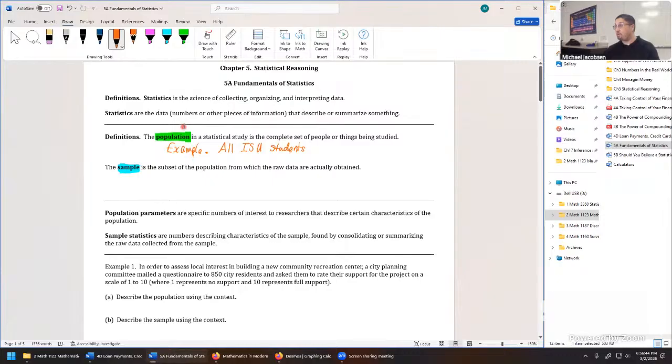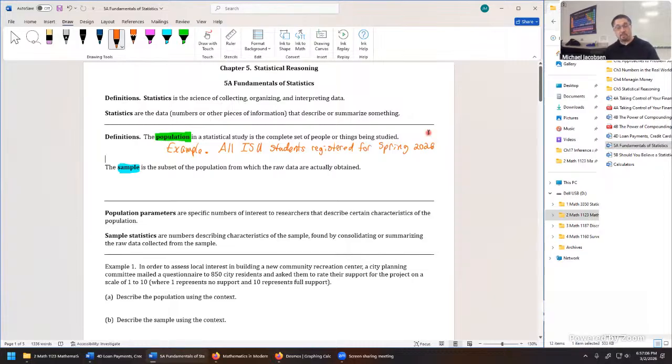You have to say what your population is exactly. We can possibly be more precise if we say all ISU students registered for spring 2026, so the spring 2026 semester. And even that, you might have some issues with.